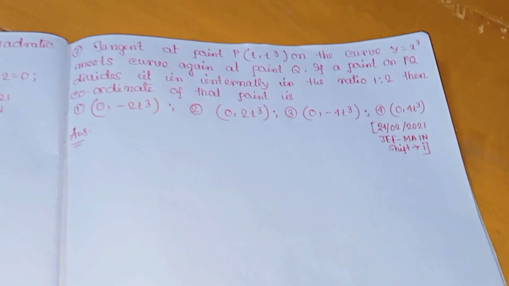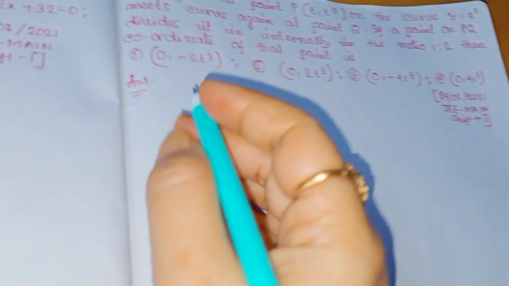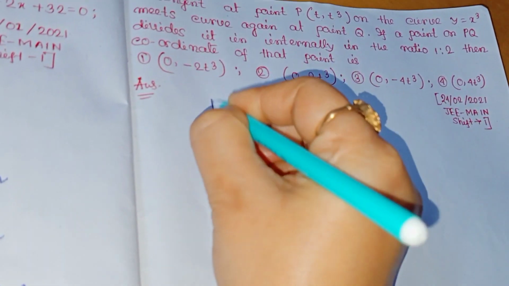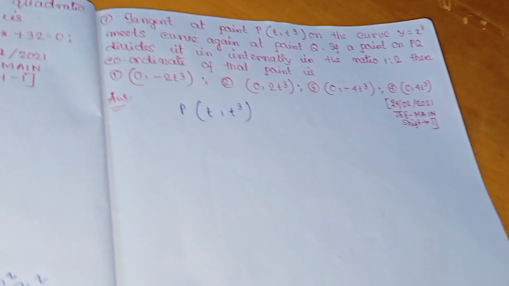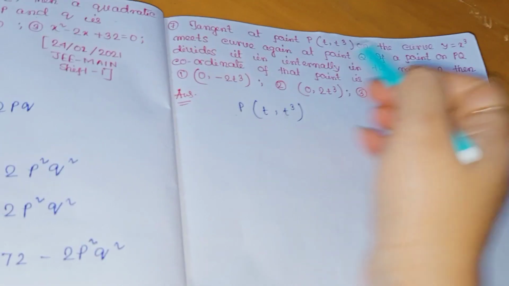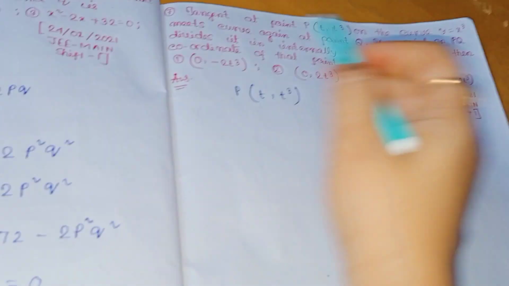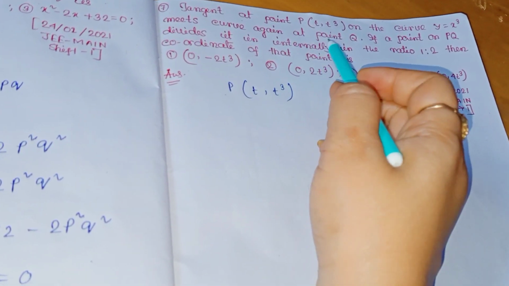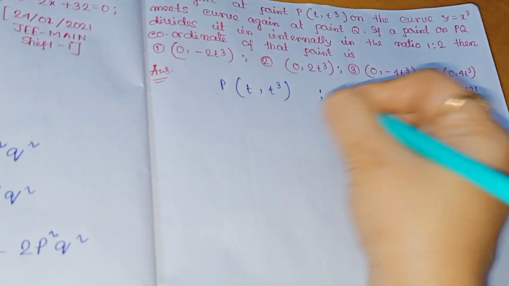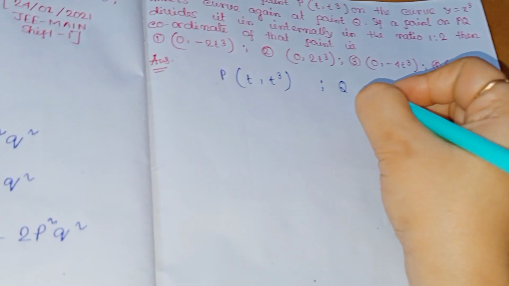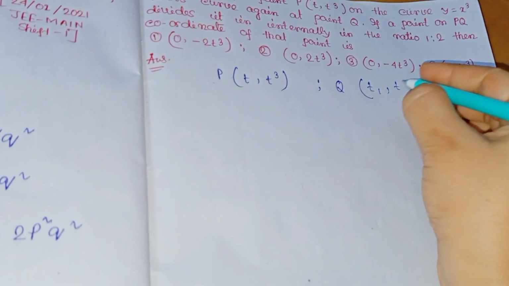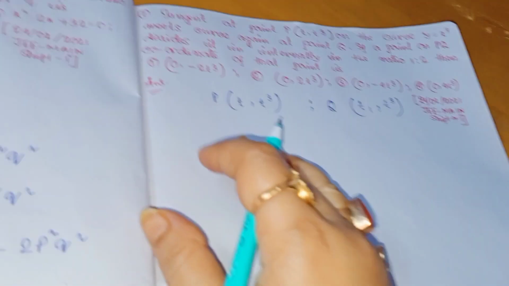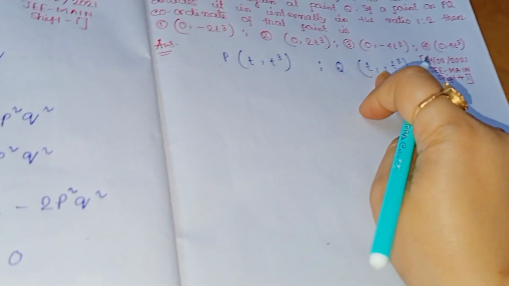So at first a point P is given, that is t comma t cube, and the tangent meets the curve y is equal to x cube again at the point Q. So let Q be t1 comma t1 cube, as Q is also on the curve.